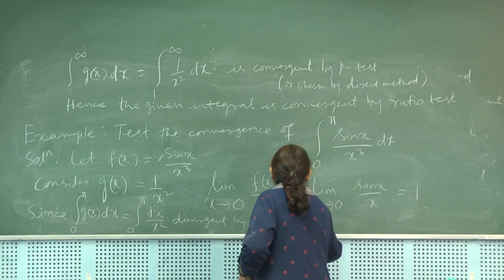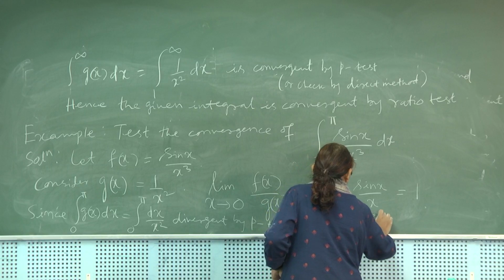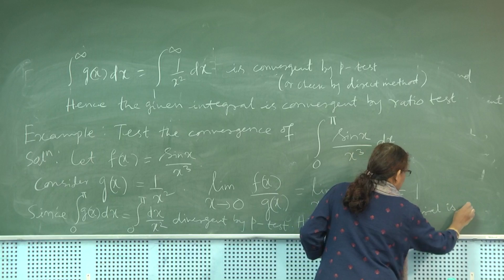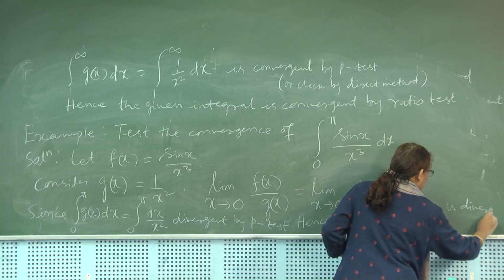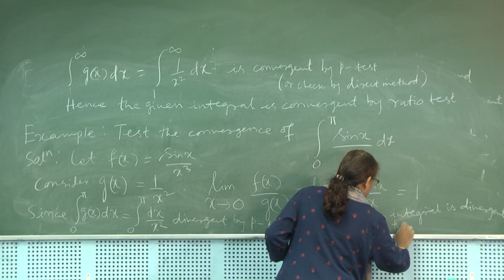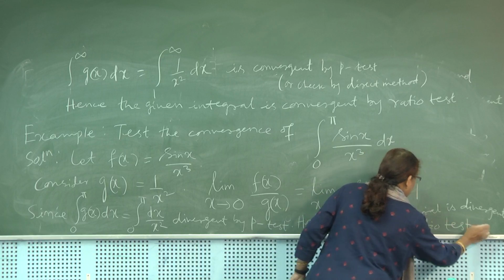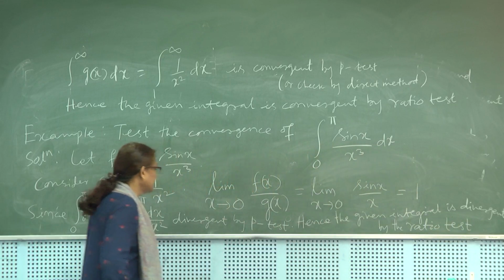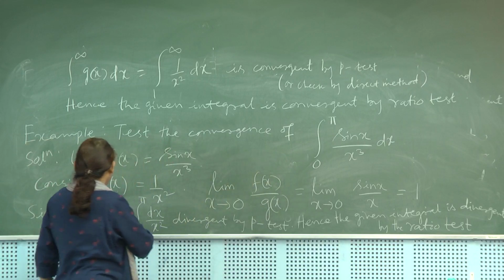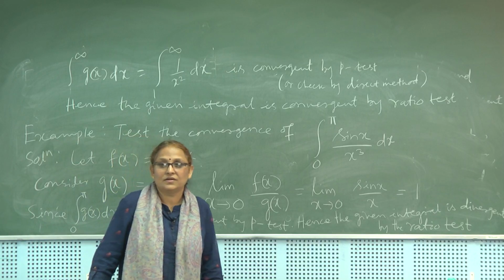Hence, the given integral is divergent by the ratio test, because from the ratio test the given integral and the integral of g(x) dx converge or diverge simultaneously.